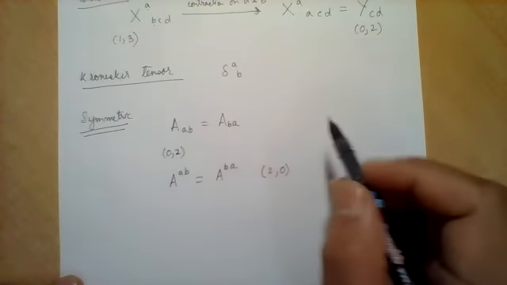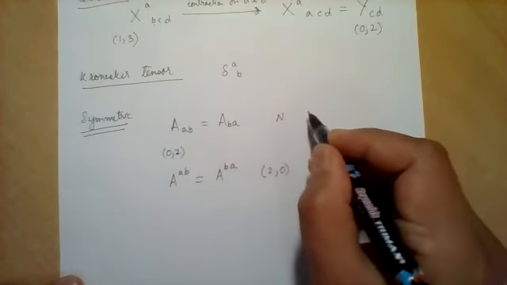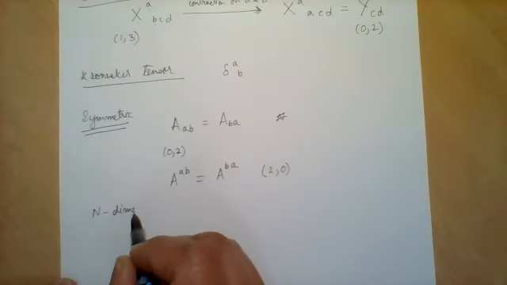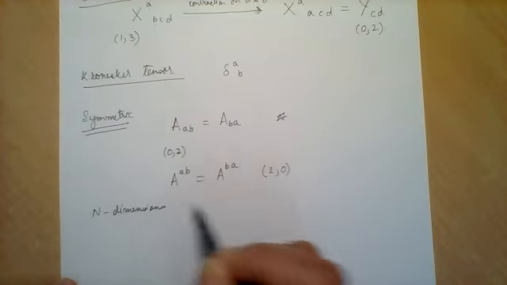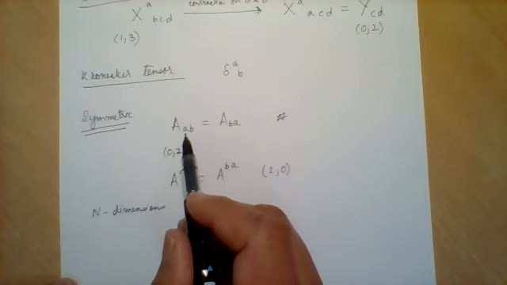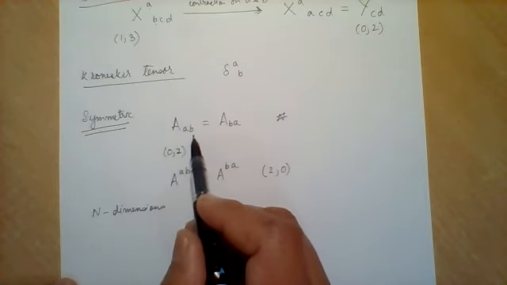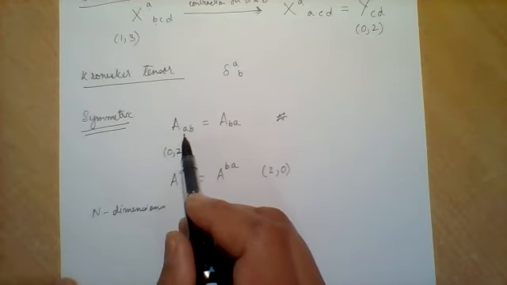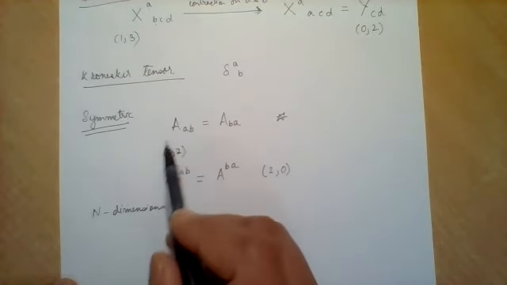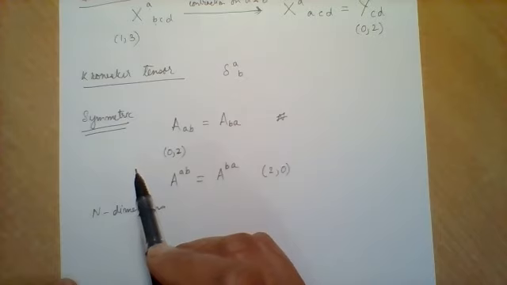If we are talking about n dimensions, this small a can take values from 1 to n. This B can also take values from 1 to n. So there are n times n, n square components, but not all the components are independent.